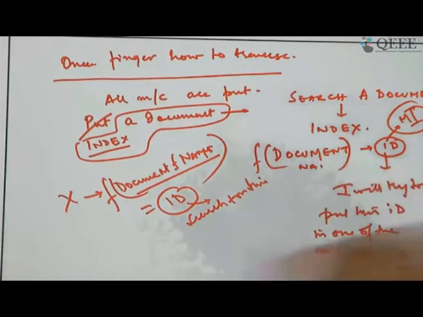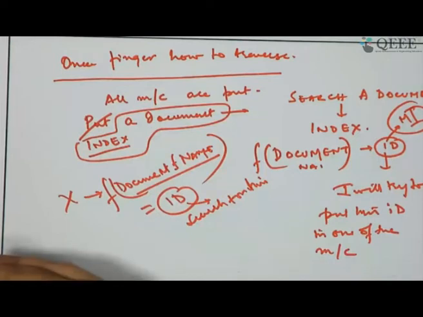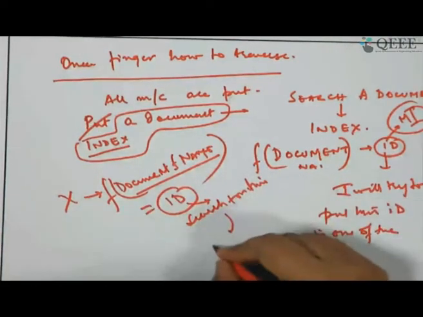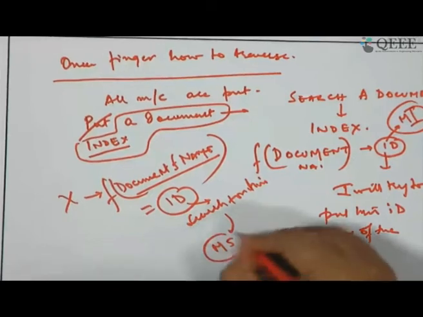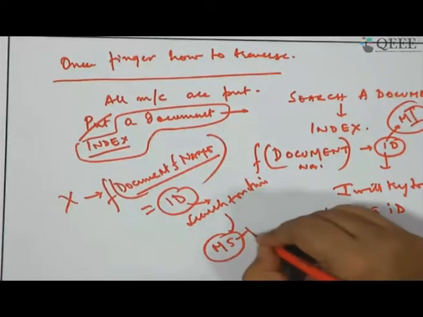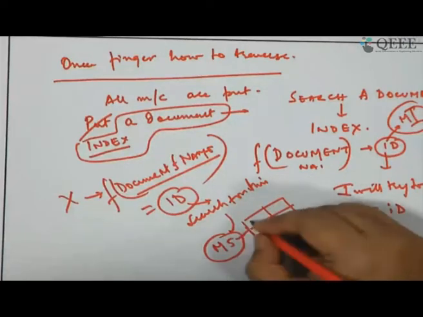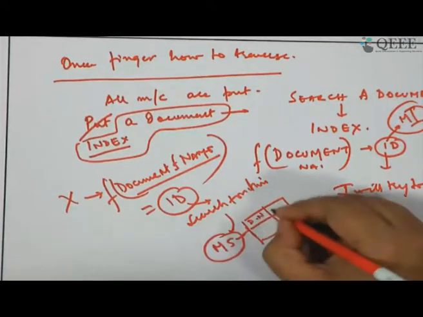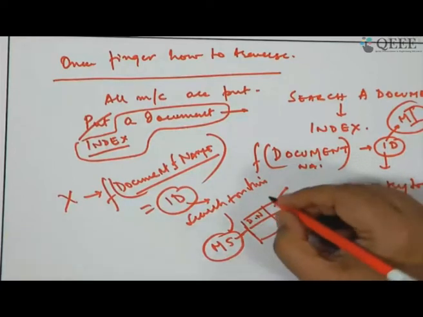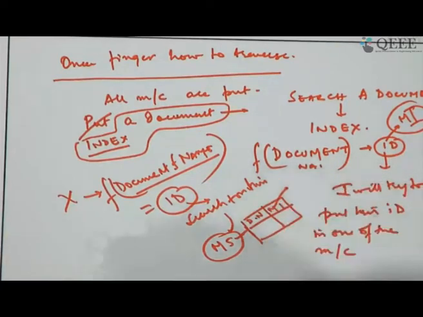Okay, the system searches for this ID. So then what is happening? Search for this ID, and it sees that this ID is residing in, say, some machine 1, and in machine 1 there is a small table where it says that this ID is document name, and it actually is in machine 1. Okay. So there are two things.